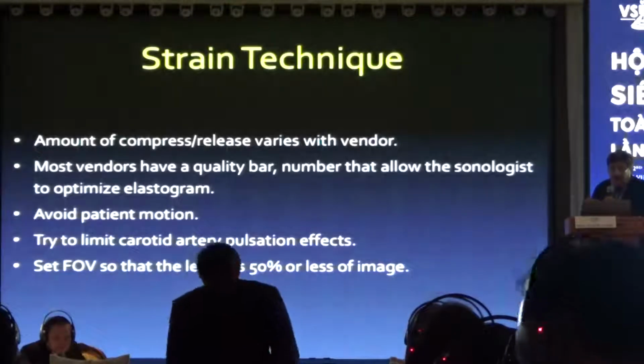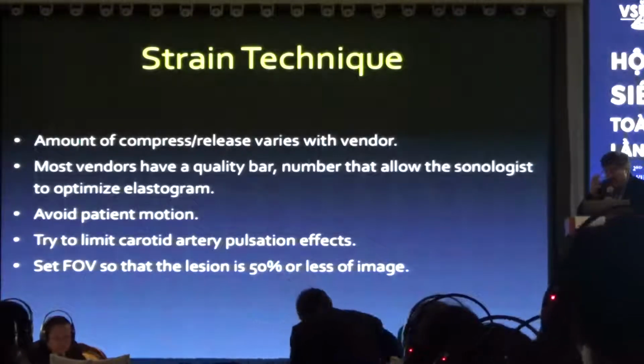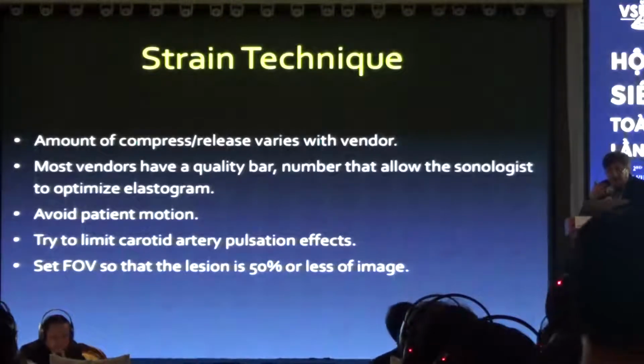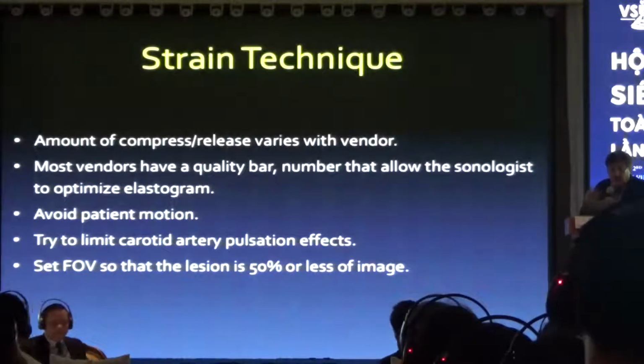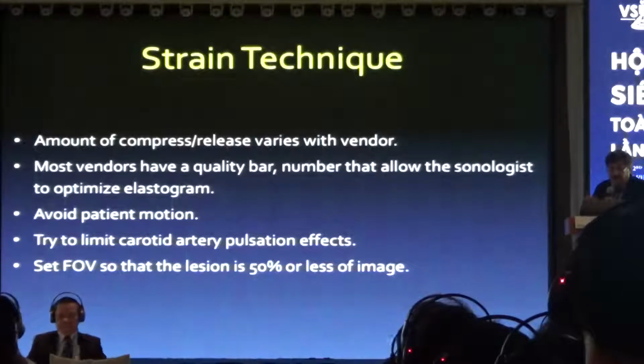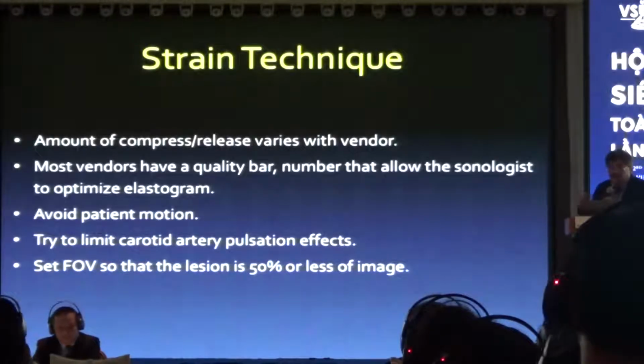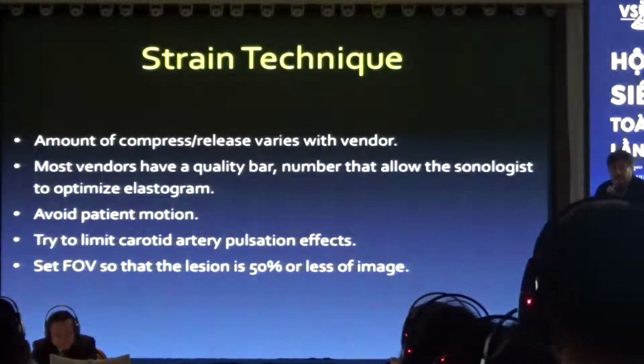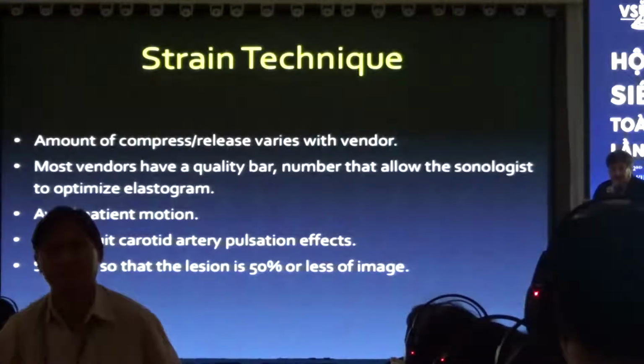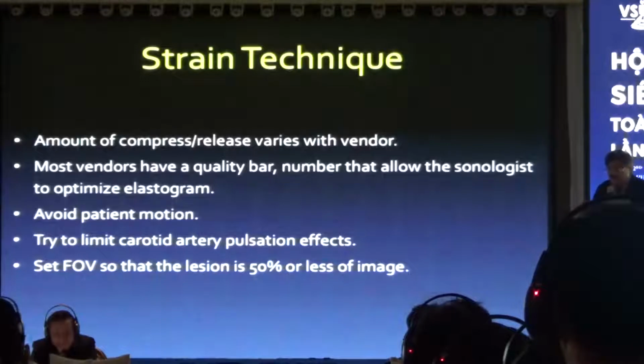You want to try to eliminate the thyroid pulsation as much as possible, and often doing it longitudinal is probably the best. You want to set the field of view so that the lesion is at least 50% or less of the image. So again, when we're doing strain imaging, we want a bunch of different tissues so we can see the difference and how that tissue relates to the other tissues.